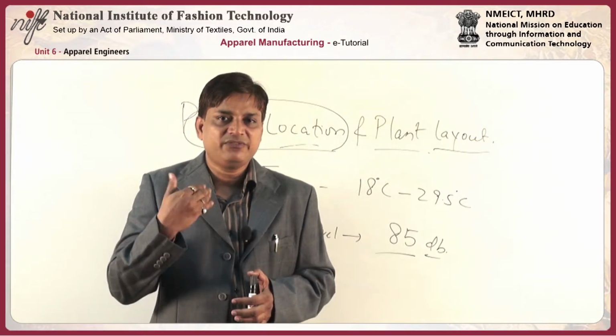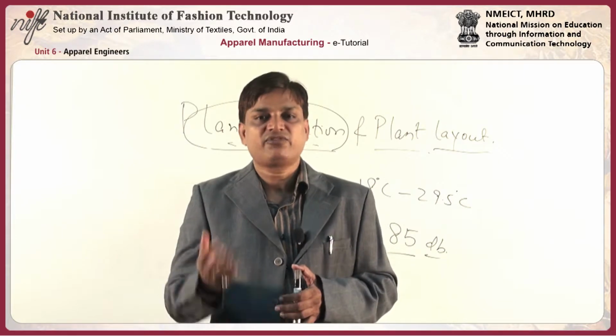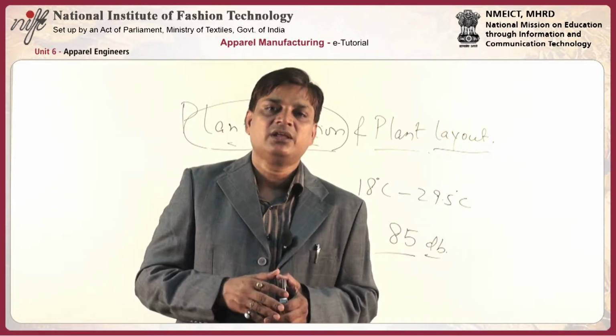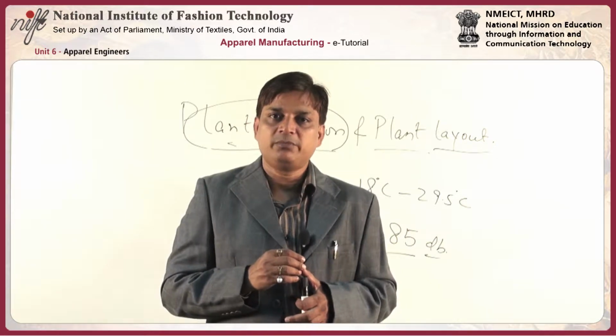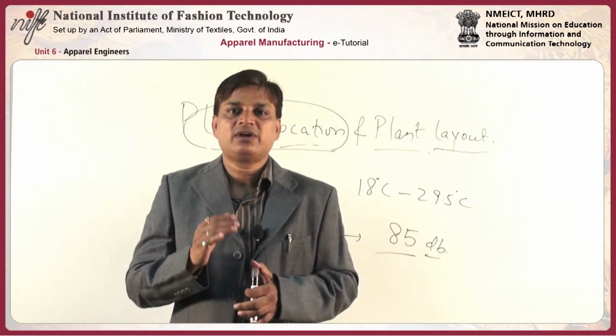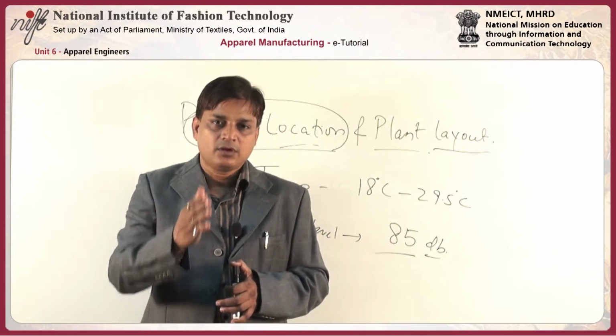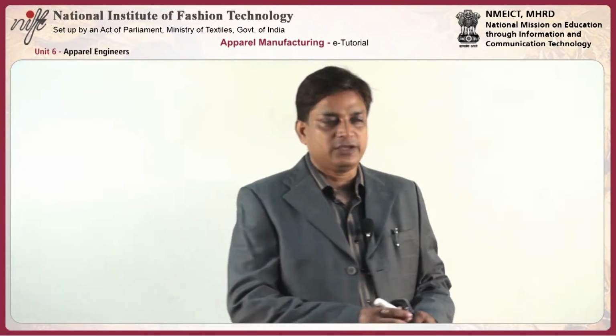Then productivity, efficiency, performance, all these things we will talk about. A good plant layout will definitely give these things in a better way, and the output will be better. The productivity of the factory will be better if the layout has been made keeping all the features I have discussed into consideration. Now we will move further regarding the start of the layout.